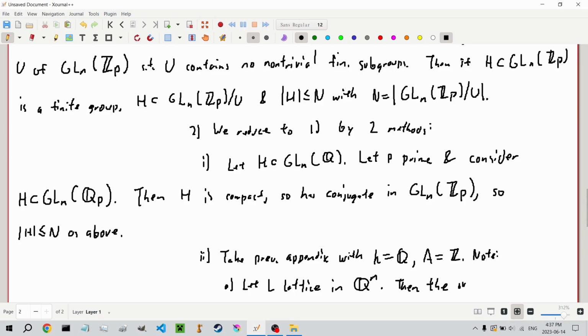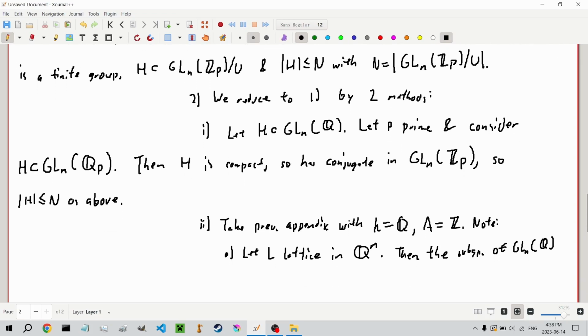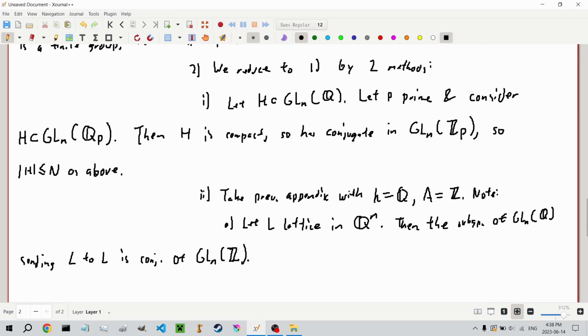Then the subgroup of GLn of Q, sending L to L, is a conjugate of our integer general linear group of rank n. I guess it is not necessarily Lie in this case.